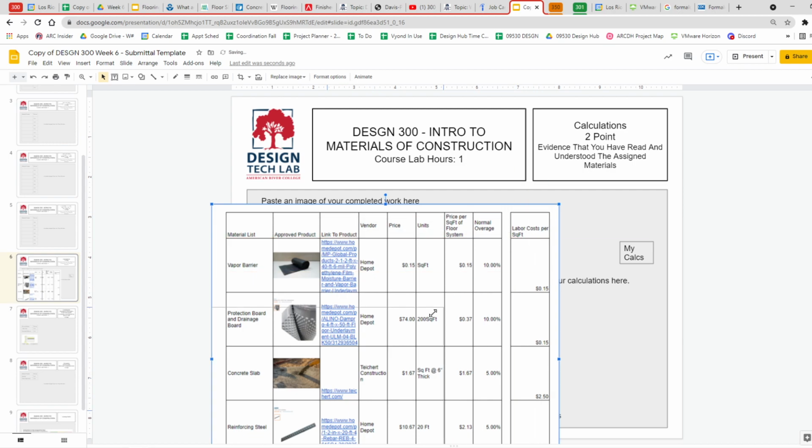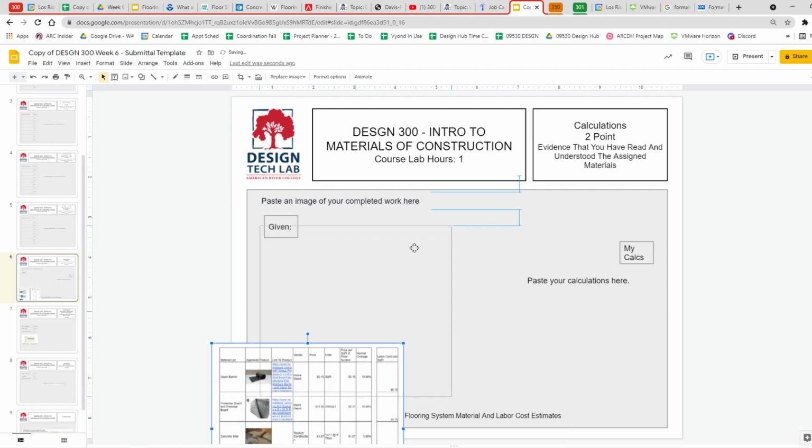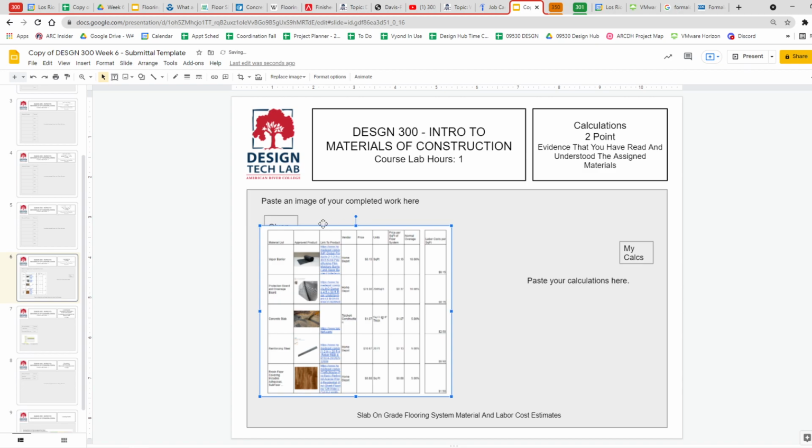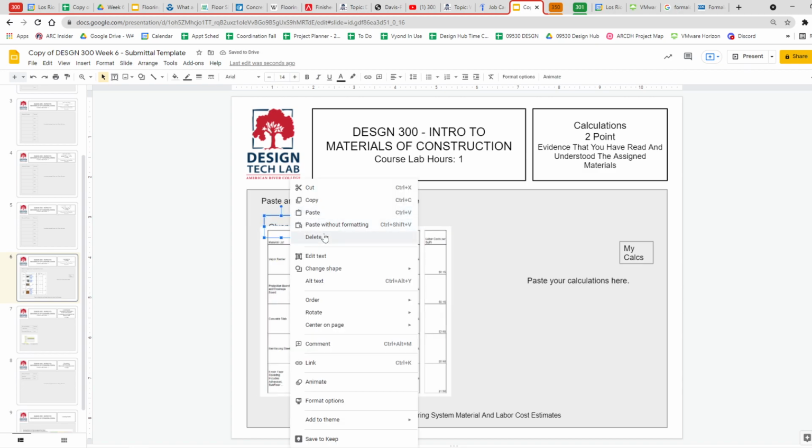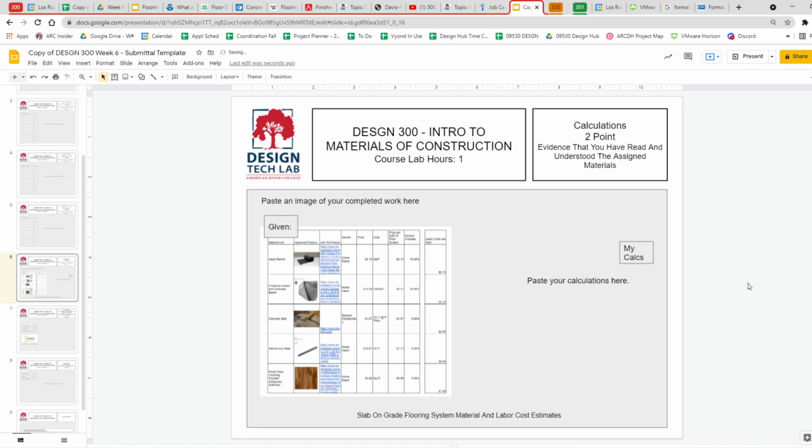Come on, I know I can resize you. There we go. So you might do something like this and then paste your calculations over here.